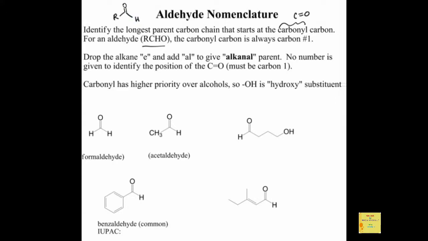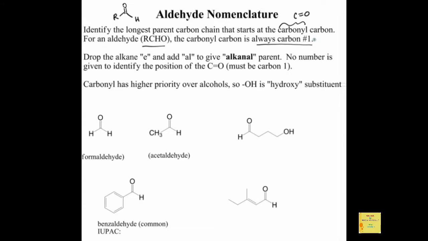That's described as an aldehyde. So when we have an aldehyde, we're going to find the longest carbon chain that starts at the carbonyl, because there's a hydrogen here. The carbonyl is necessarily at the end of a carbon chain. So we start from here and we count our longest carbon chain, and the carbonyl carbon is always carbon number 1. So we don't list it as carbon 1. That's the definition of an aldehyde.